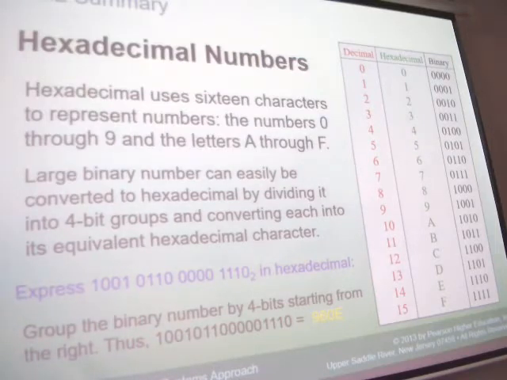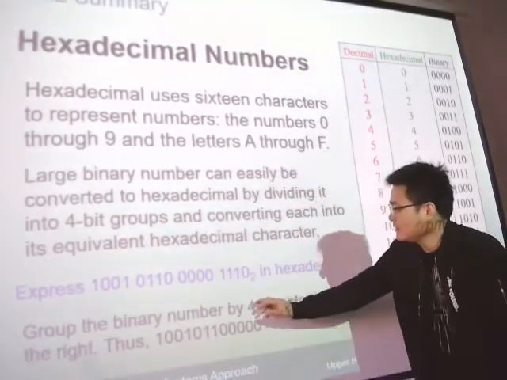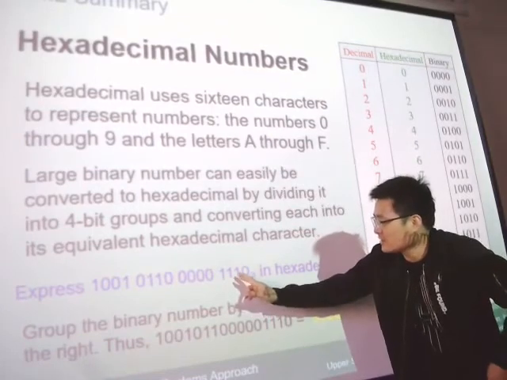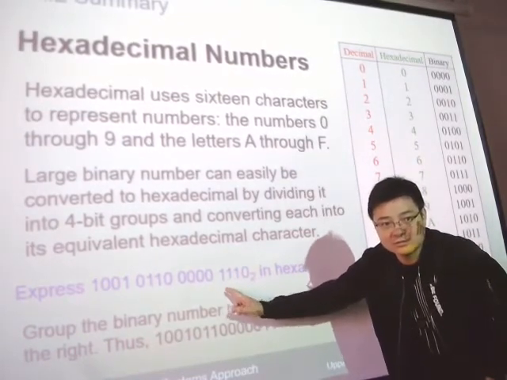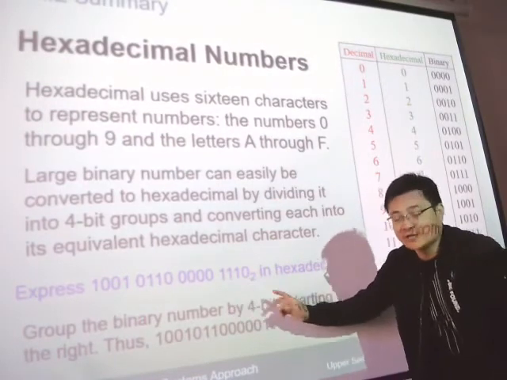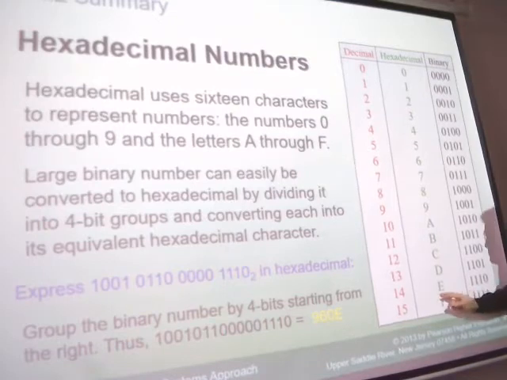Thus, this binary number can be converted to hexadecimal because 8 plus 4 plus 2 equals 14. 14 is E, right?